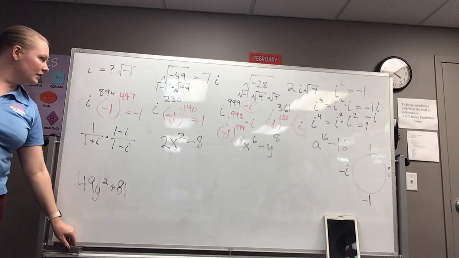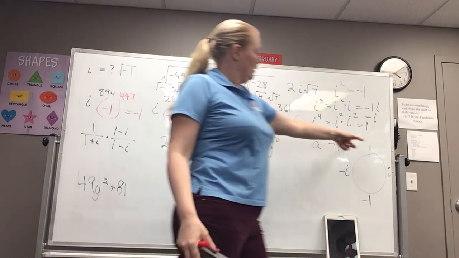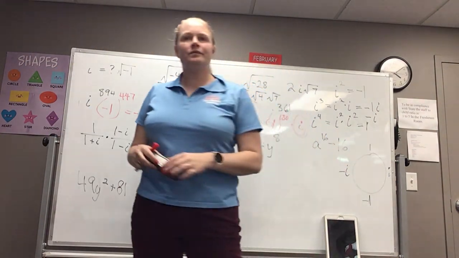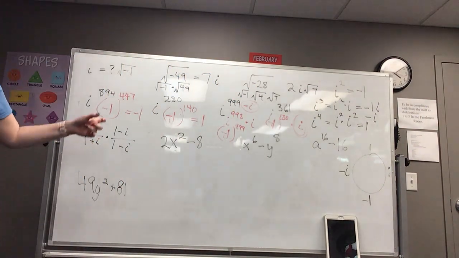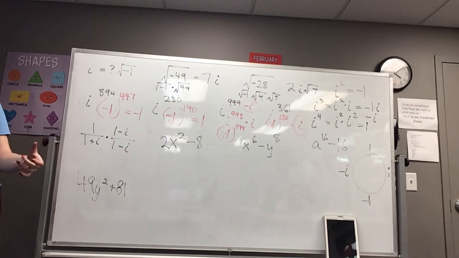Bit of a shortcut, and it has to do with this cyclical nature. If you divide 894 by 4, calculator's fine, what do you get?